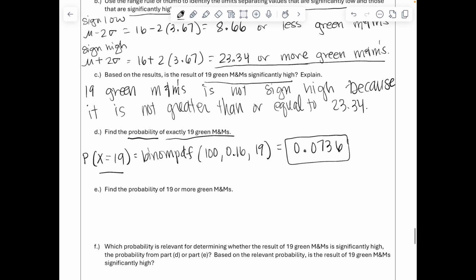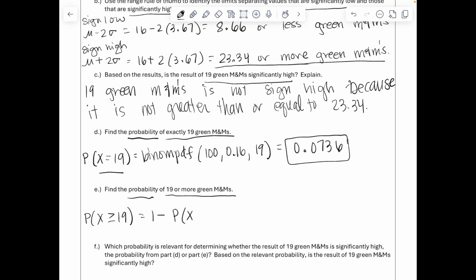Part E says find the probability of 19 or more green M&Ms. So 19 or more means that x is going to be greater than or equal to 19. We can only use the equal symbol for binom PDF, or for binom CDF, we have to have less than or equal to. And since this is greater than, I know that we have to do 1 minus what we do not want.